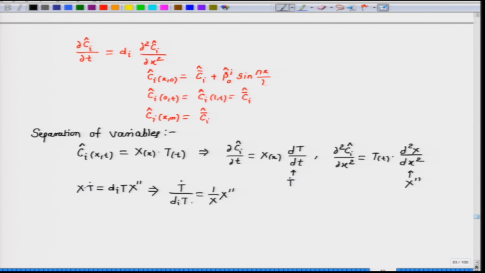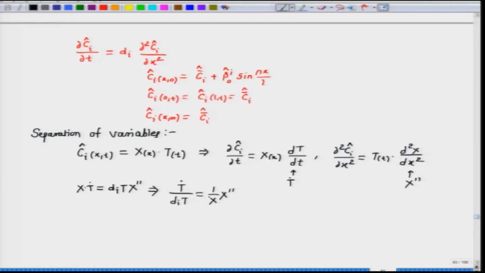So the left hand side and right hand side are independent of each other. This equality will be valid only when both sides are equal to a constant. Let us call that constant minus lambda squared.